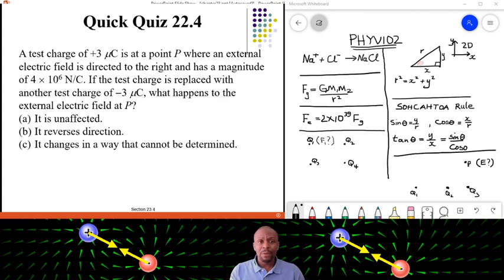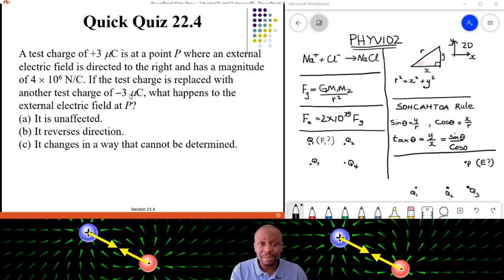Right. Good. Now, let us also do the following quick quiz, which states that a test charge of plus 3 microcoulomb is at the point P, where an external electric field is directed to the right and has a magnitude of 4 multiplied by 10 to the power 6 newtons per coulomb. If the test charge is replaced with another test charge of minus 3 microcoulomb, what happens to the external electric field at point P?